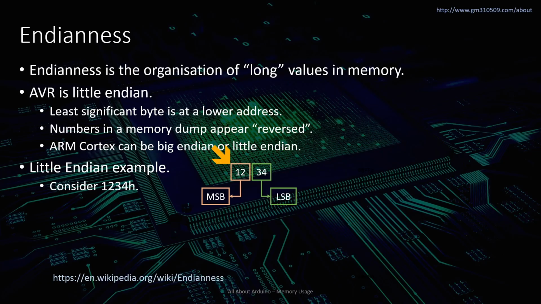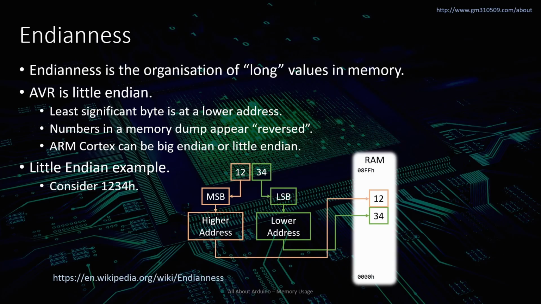If we add 1 to this, for example, make it 13, then that would change the number by 256. So this is more significant than this one. So this is the most significant byte because it has a greater effect on the actual value of the number. And this is the least significant byte because it has a lesser effect on the actual value of the number. Okay, so because of the rule that I said there, that the least significant byte is at a lower address, that means this value gets closer to 0, and this one is further away or closer to the top of memory.